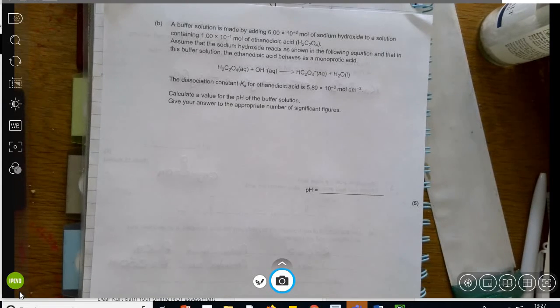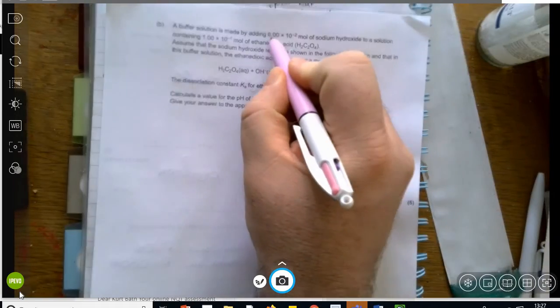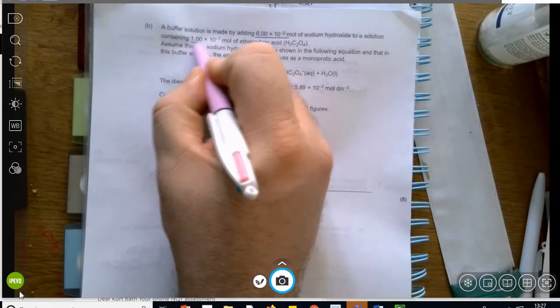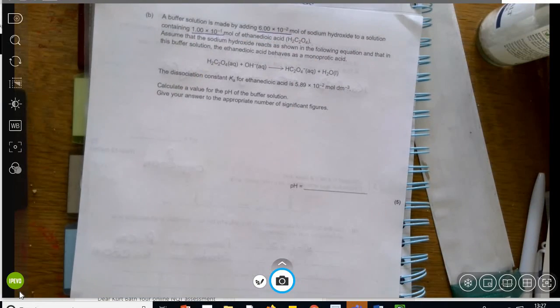Right, part B, going on to that, part B is quite a challenge actually. It's really worth having to think about. First thing you need to do is identify what is going on with this question. Okay, it says here, you're adding that amount of a substance to that amount of ethanedioic acid.